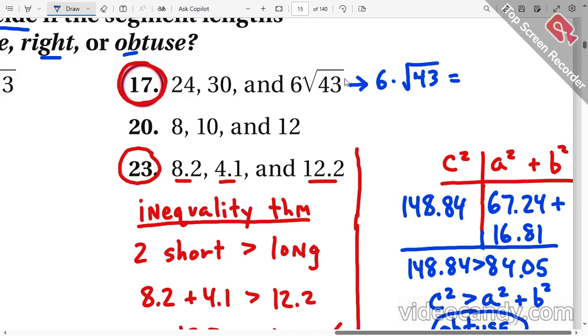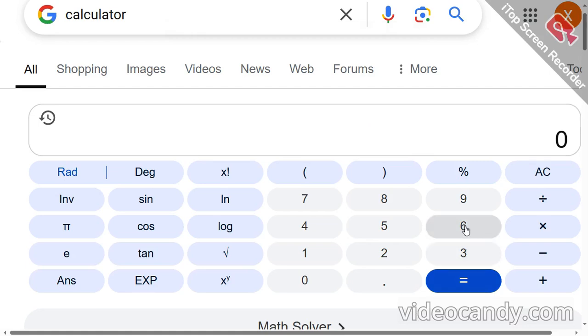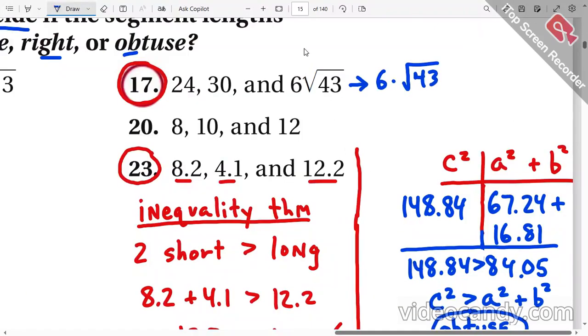All right, so let's do that real quick. If I do 6 times the square root of 43 and hit equals, and I round this decimal off, this is going to be 39.3. All right, so this right here is 39.3.